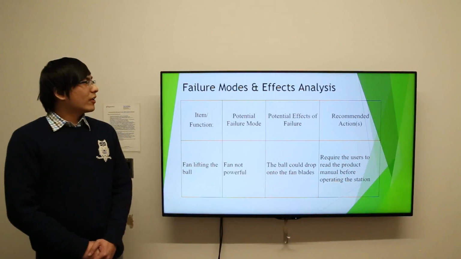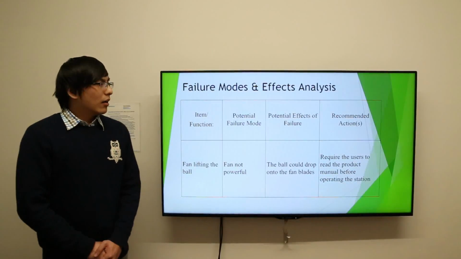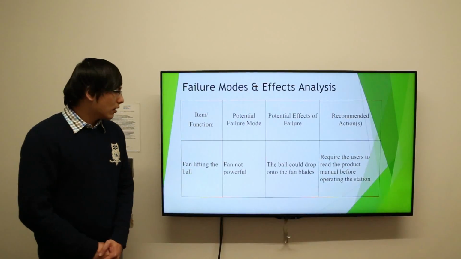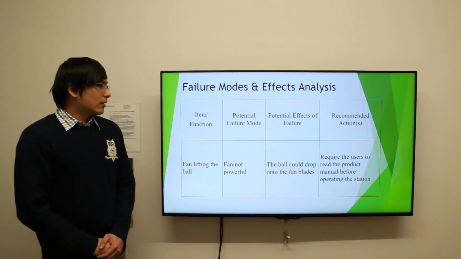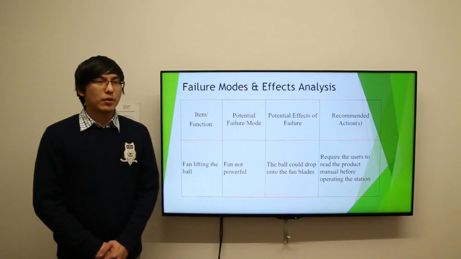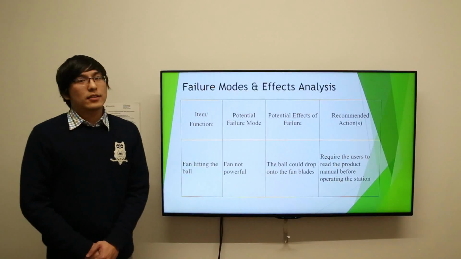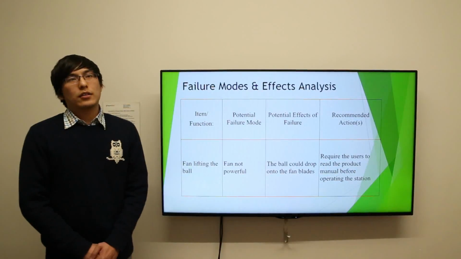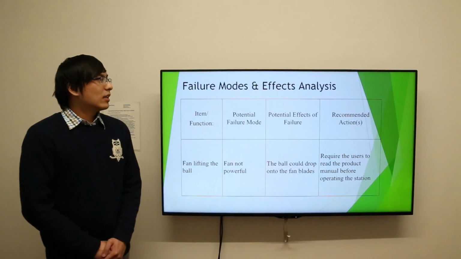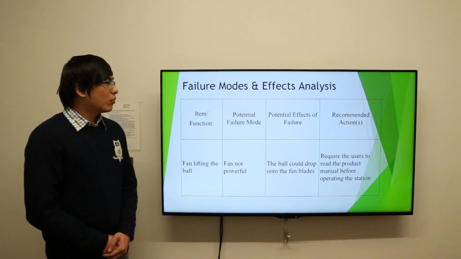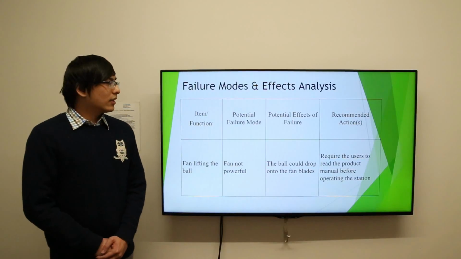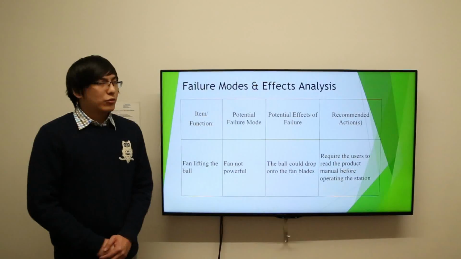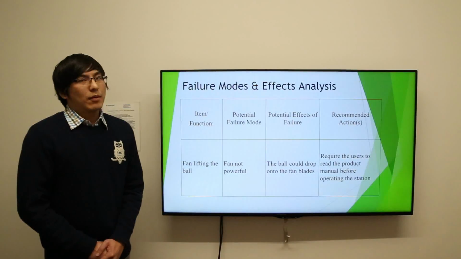Alright, here is our failure mode and effects analysis. Here we only show the failure mode that's most likely to happen. We are afraid that the fan might not be powerful enough and the ping pong ball could fall onto the fan blades. Because the fan is controlled by our Arduino code, and the users of our product are beginners at computer code, if they don't edit the code correctly, the fan could provide too little power, and the ball could drop onto the vent plates and cause some serious damage.